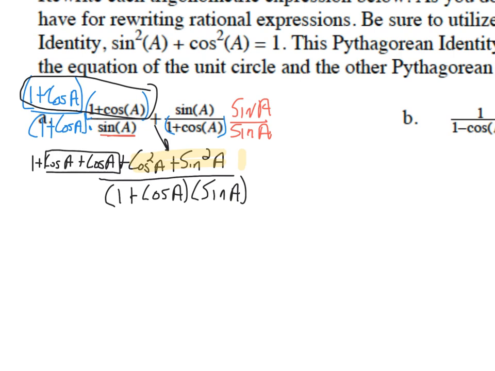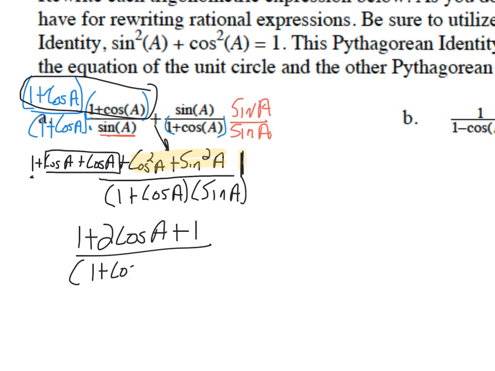So I have this 1 plus 2 cosine a plus that yellow one right there, all over 1 plus cosine a times sine a.